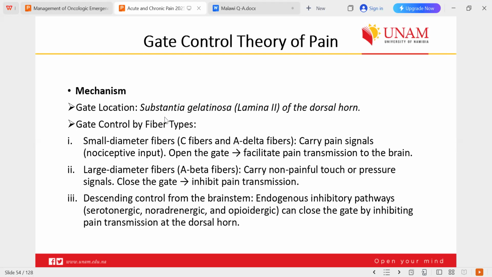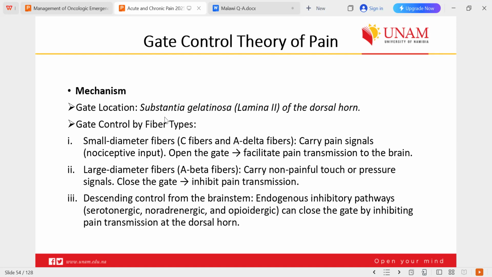So the location of the gate is the substantia gelatinosa, that is lamina 2 of the dorsal horn of the spinal cord, and the gate is controlled by different fiber types. Small diameter fibers like the A delta and C fibers carry pain signals, all right, and they open the gate.